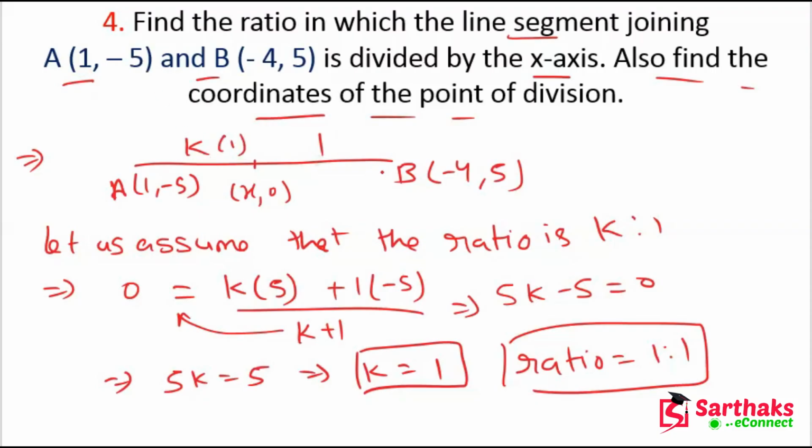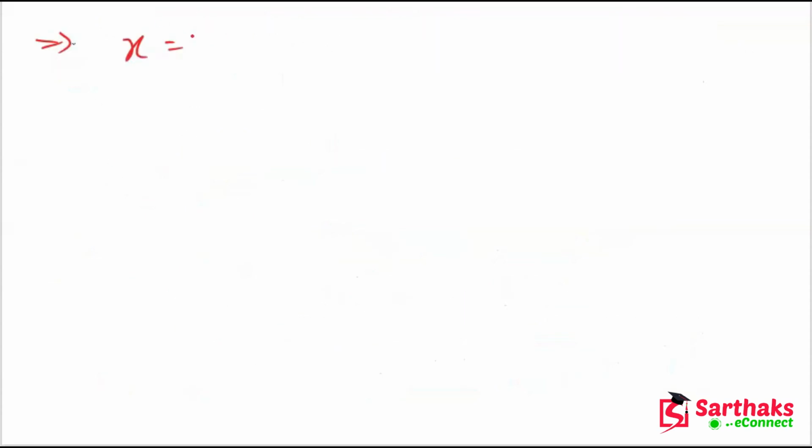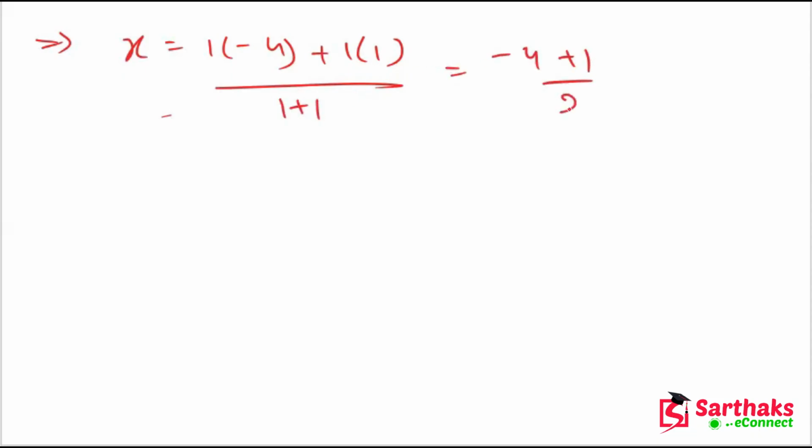So (1 times -4 plus 1 times 1) divided by (1 plus 1). So we get (-4 plus 1) divided by 2, and from this we find -3 upon 2.